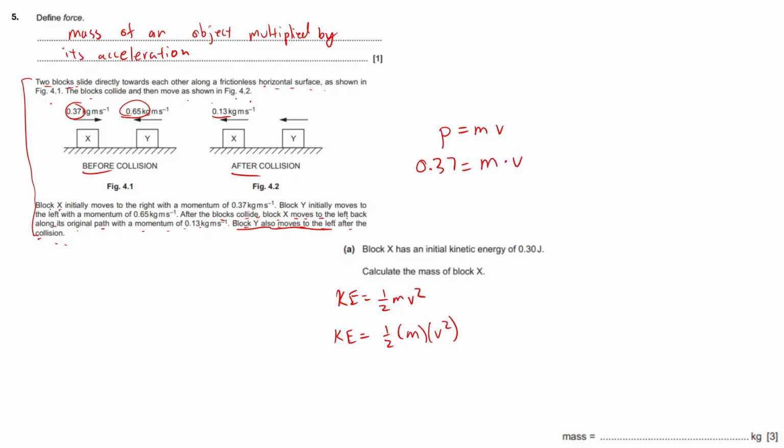Right now we don't have to solve for the individual ones, but we can use the equation for kinetic energy. So it's going to be 0.3 is equal to 1/2 m times v, and since v is squared, it's just v times v, right? And then we just substitute our momentum expression, and then we solve for v.